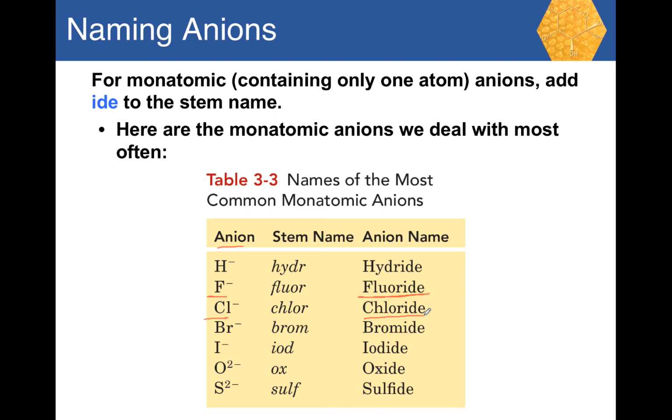That's why table salt is described as sodium chloride and not sodium chlorine, because chloride is the more stable state of chlorine in terms of the anion, because it tends to acquire one electron to achieve the electronic configuration of a stable state.